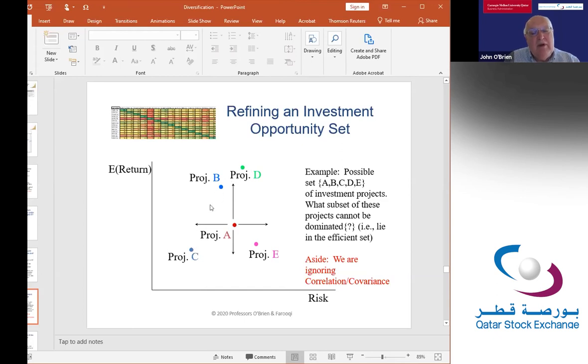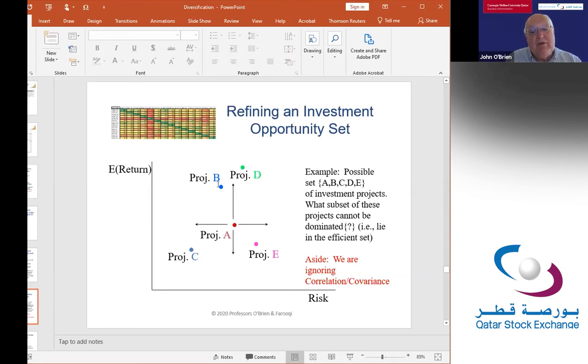But which one of C, B, and D we choose depends upon how risk averse we are. If we're really, really risk averse, we'll choose C, which is probably a government bond type of thing. If we're less risk averse, we'll choose D because we're ready to assume more risk for more return.